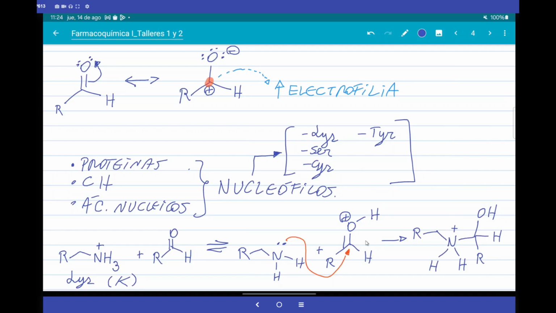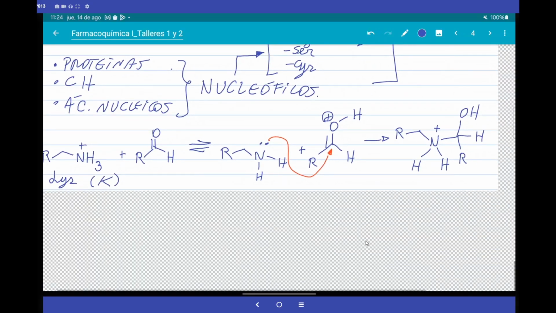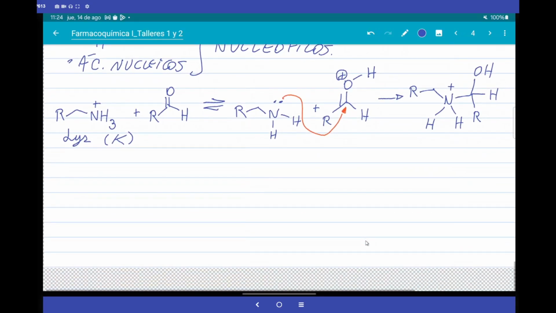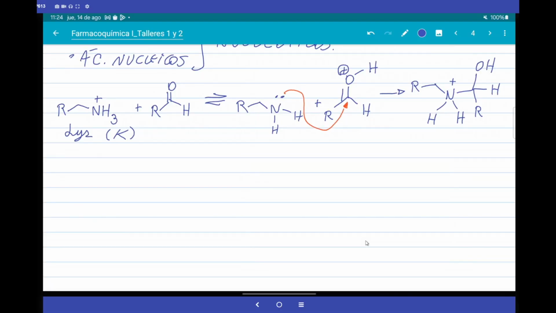So if that lysine is a key lysine in the receptor site, in the catalytic cavity of an enzyme, by attaching covalently, the protein loses its activity. This mechanism will serve to understand several others that are going to appear.